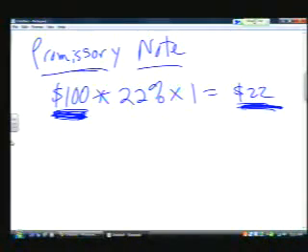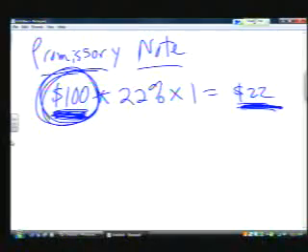With the promissory note, you're actually walking out the door with the $100. So the 22% is actually an honest 22%. Not like on the discount rate where the 22% was not your effective rate of interest. It turned out to be 28%. So this is the actual rate of interest.